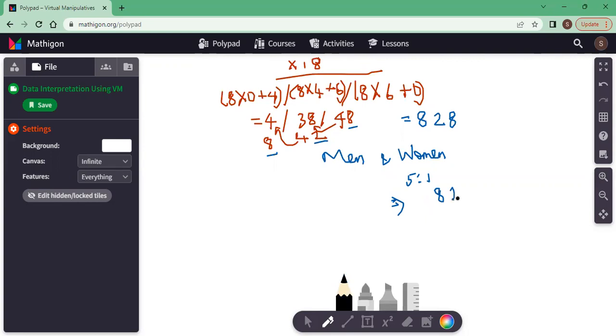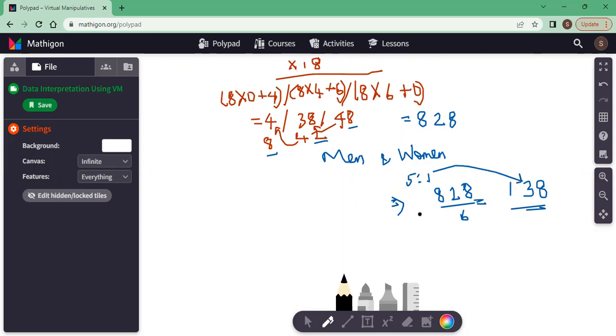Divide 828 by 6. So what happens is 6 ones are 6. So 22 is left out. 6 threes are 18. 22 minus 18 is 4. 6 eights are 48. So we found out women are 138.